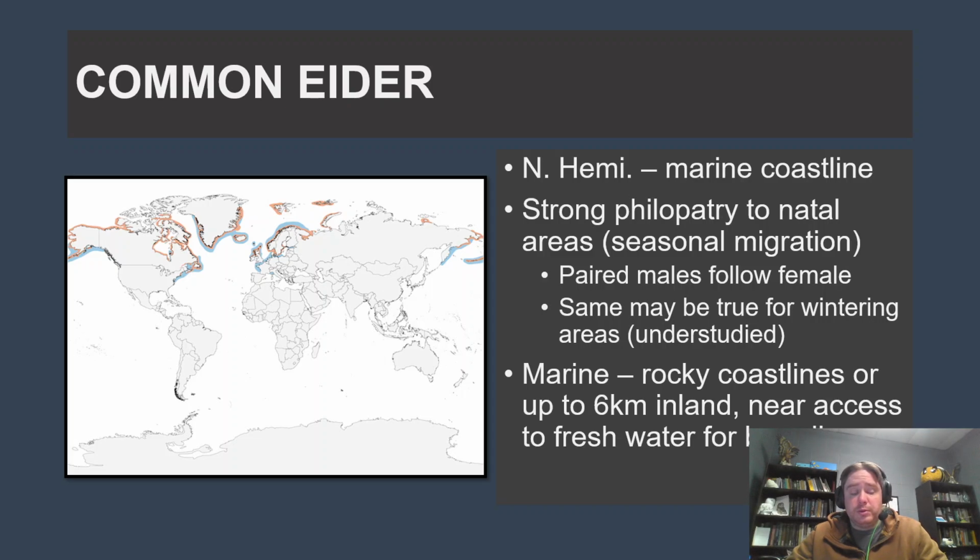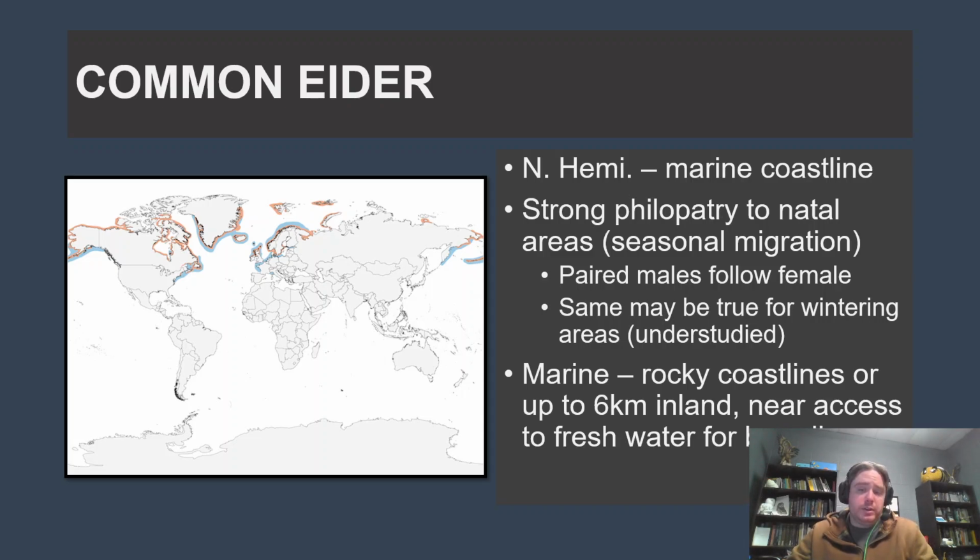When a male and female pair up, the male follows the female to her natal area, and they will breed at that natal area. Every season the male can get a new pair partner, but the male always follows the female to her natal area, and so that's what philopatry is. It's the instinctual drive to go back to the place you were born to have offspring, and that's what they do.